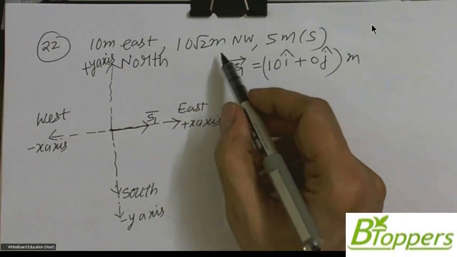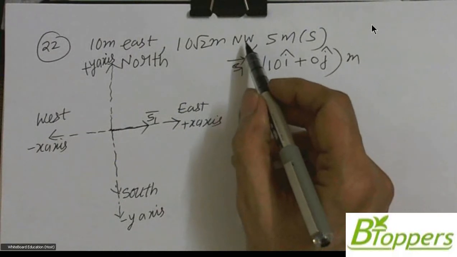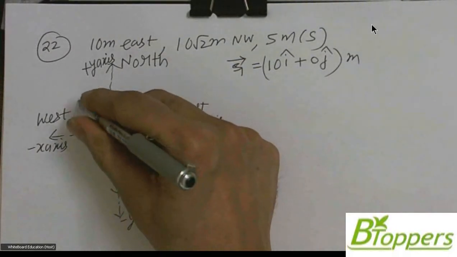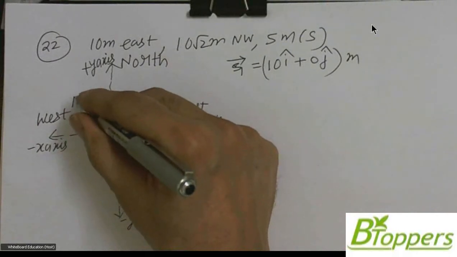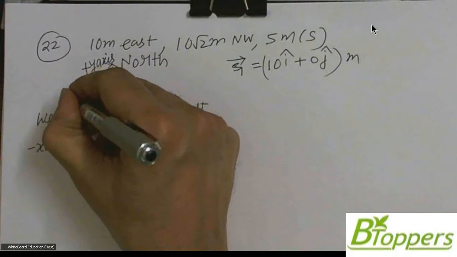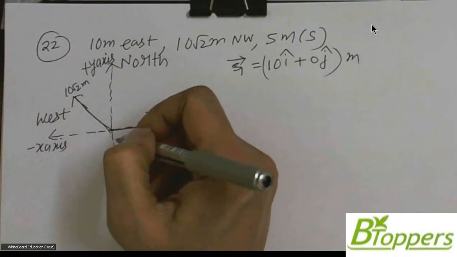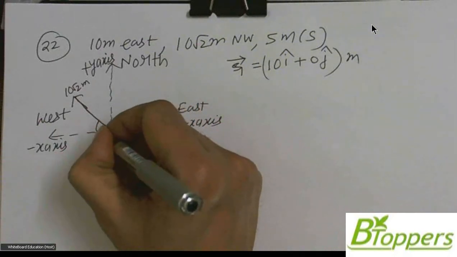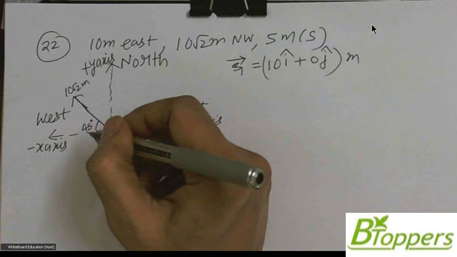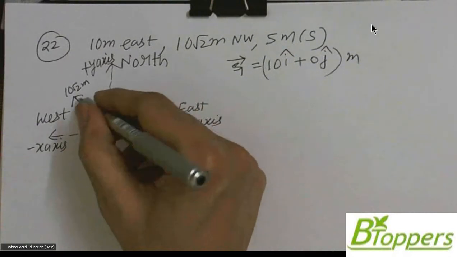The second displacement vector has a magnitude of 10 root 2 meter and is directed towards northwest. That makes 45 degrees with the west direction and 45 degrees with the north direction.